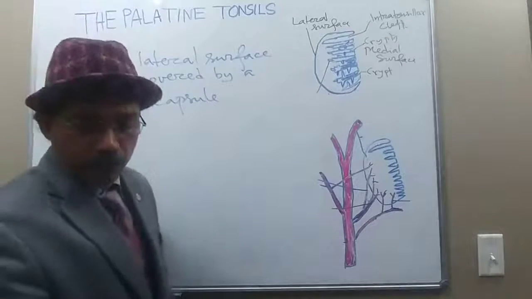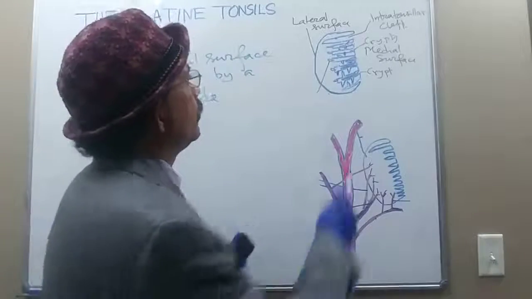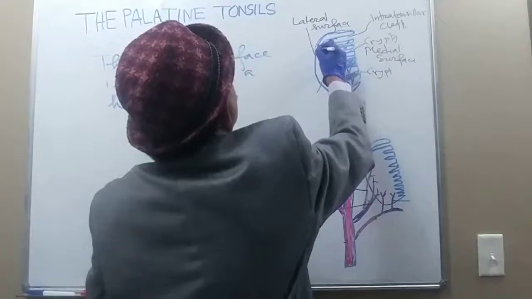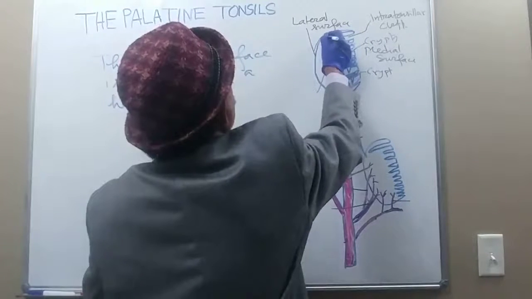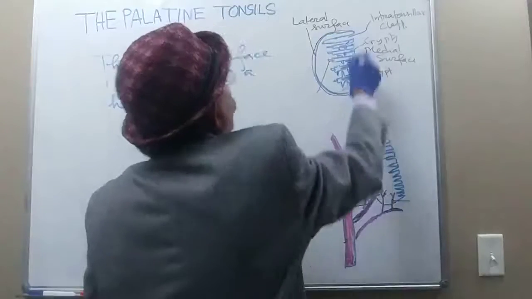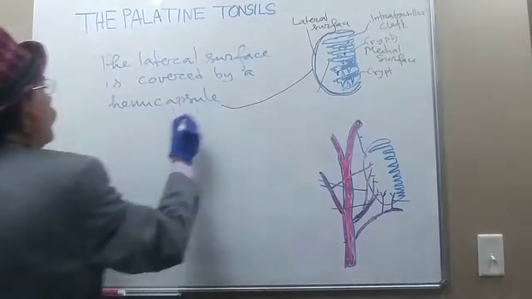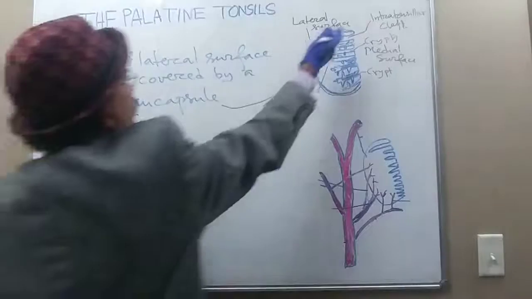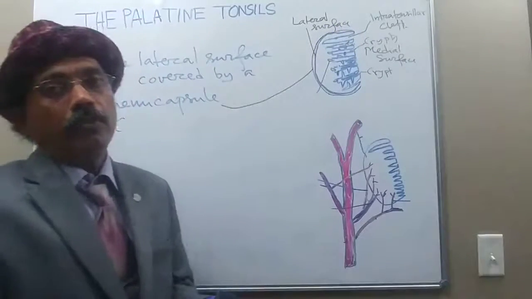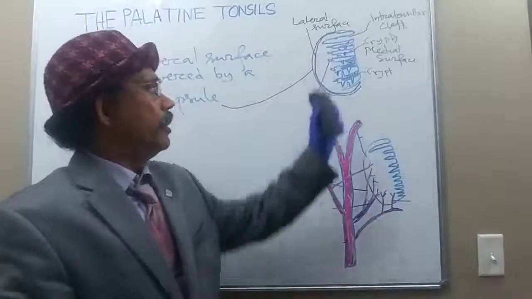We call it a hemicapsule because this capsule is present just on the lateral surface, and part of the superior pole area. It does not cover the medial surface. It is not totally encapsulated. The palatine tonsil.